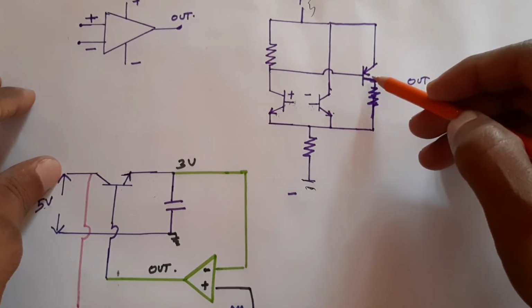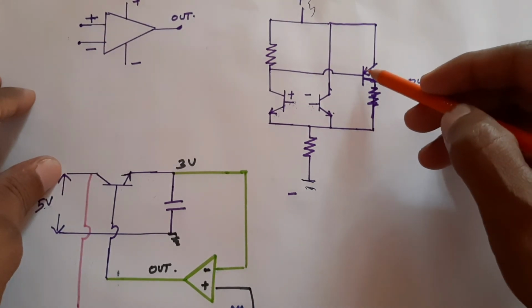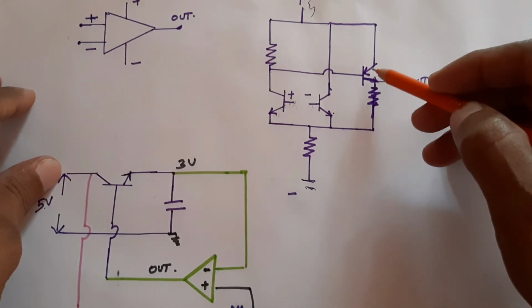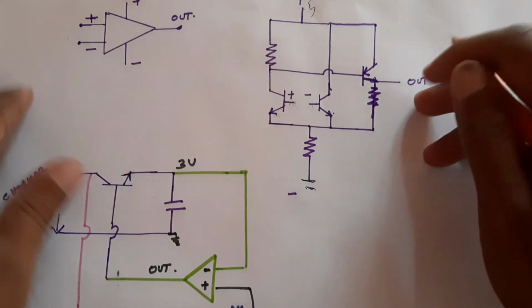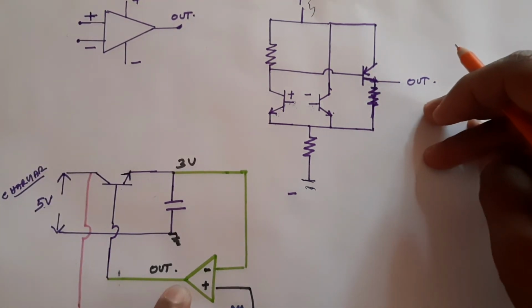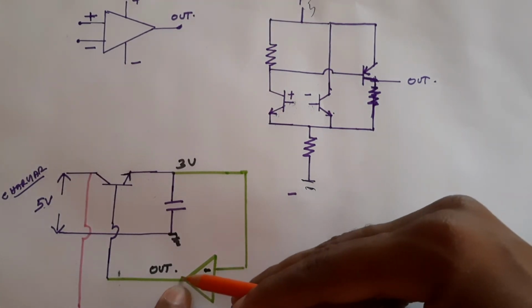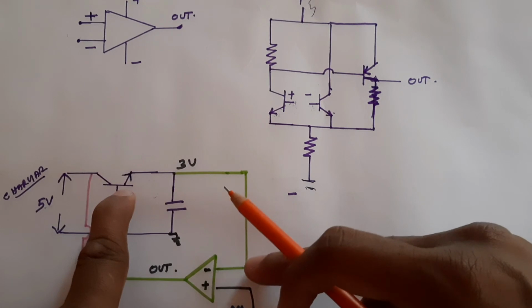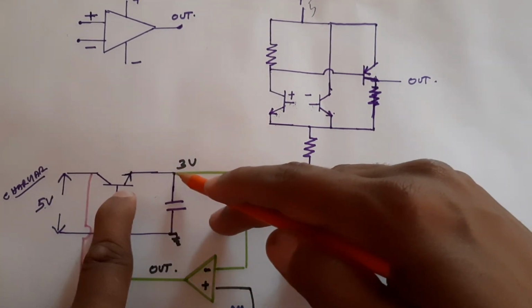As the voltage is appearing here, the transistor becomes non-conductive. It becomes an open circuit, and there will be no voltage available. In this case, as this voltage reaches 3 volts, there will be no more voltage, and this transistor becomes off, and the output voltage remains at 3 volts.